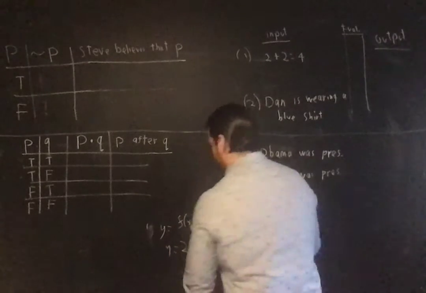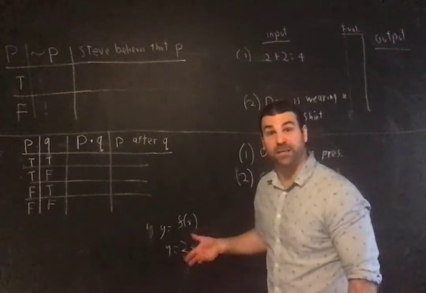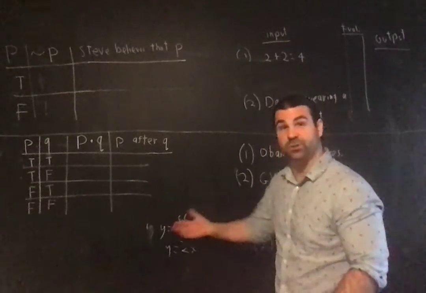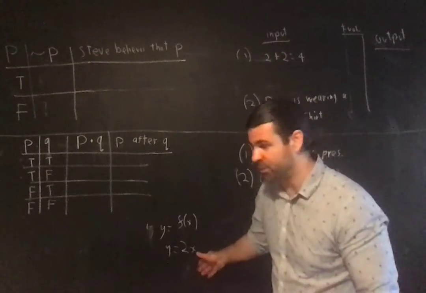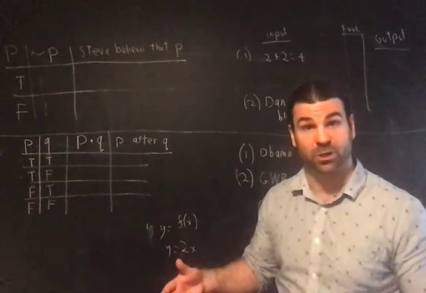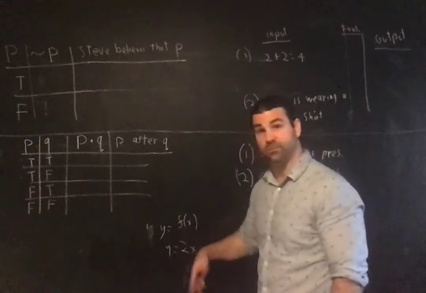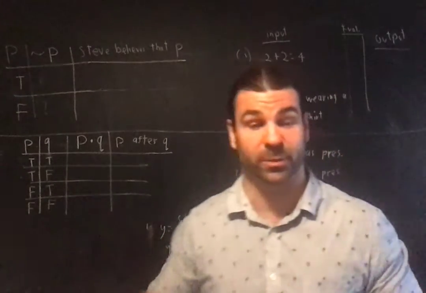It means if I give you the value of x, you can determine the value of y. Or if I give you some specific value of x, the value of y is determined. So that's what a function is, one thing determining another.